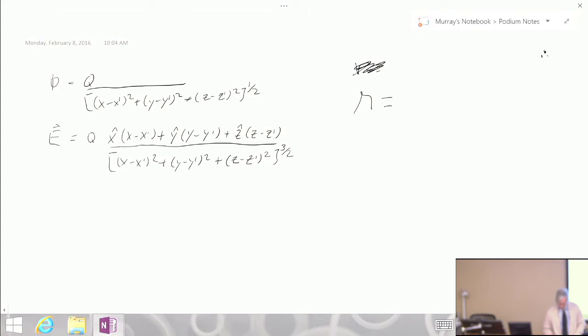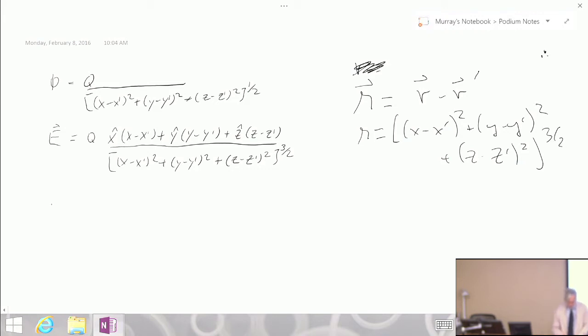This script R is R minus R prime, and the length of it then in Cartesian form is this: x minus x prime squared plus y minus y prime squared plus z minus z prime squared, to the 3/2. So a convenient way of trying to remember this is to start off with this, right?